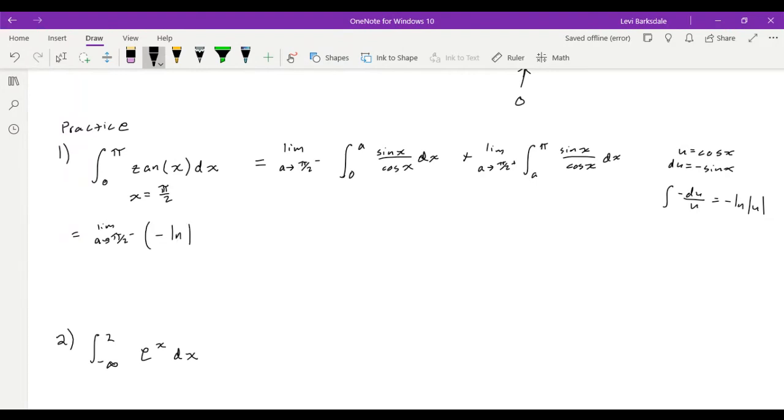So this would give us negative natural log of the absolute value of cosine x from 0 up to a. But here I'm actually going to say I don't really care about this second integral anymore, because I can see that if I plug in pi over 2, or take the limit as a goes to pi over 2, that would give me the negative natural log of cosine of pi over 2. Cosine of pi over 2 is 0, so we would have negative natural log of 0, which actually gives us an infinity in our answer.